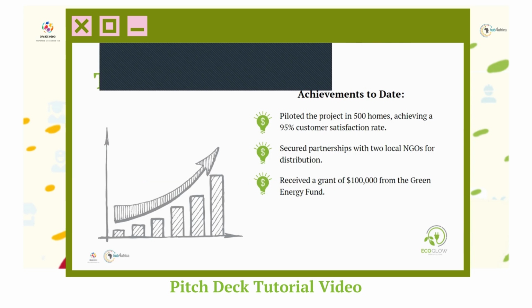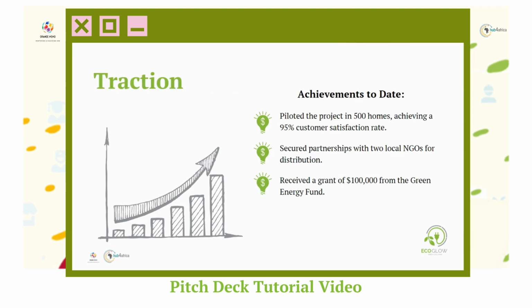This is your traction slide, where you showcase any progress you've made so far. It could be product development, customer feedback, partnerships, or sales. This helps build credibility and shows that your business is already making strides.